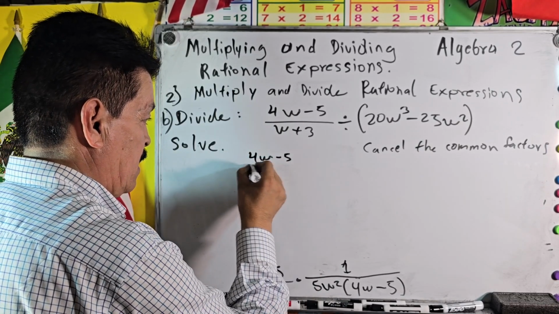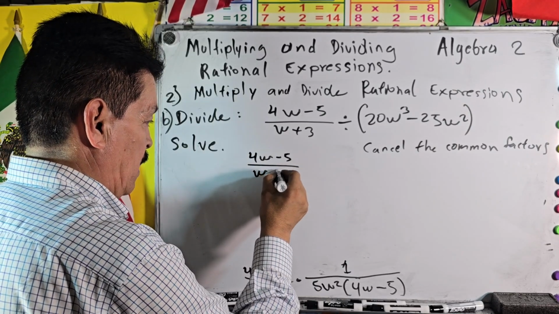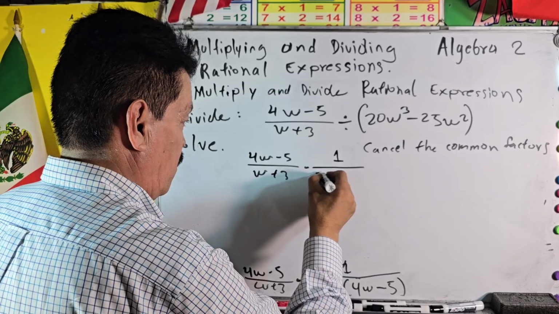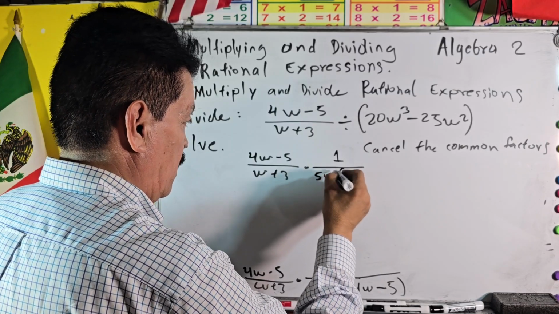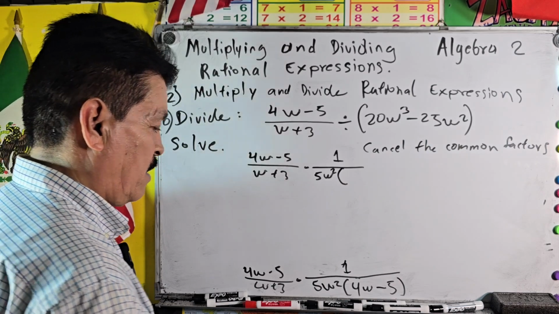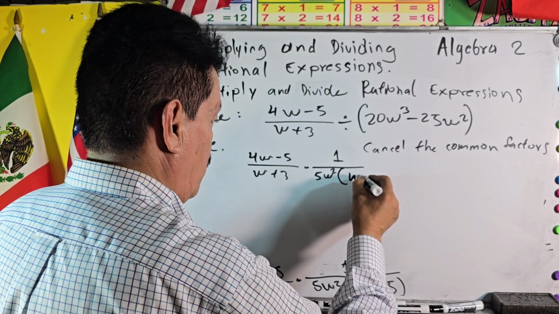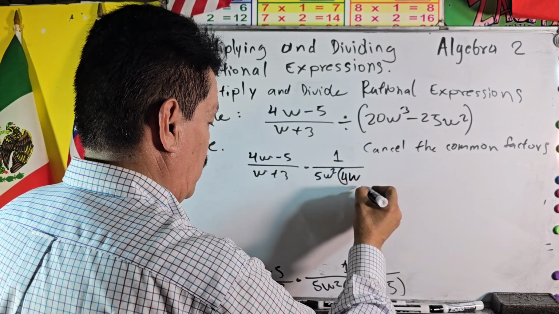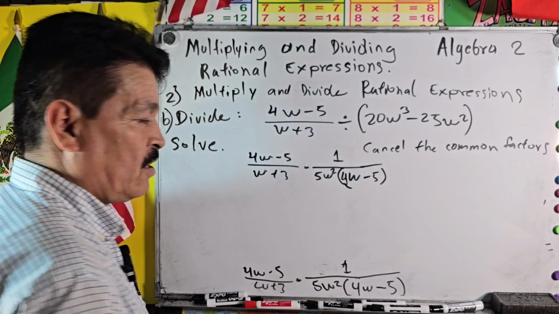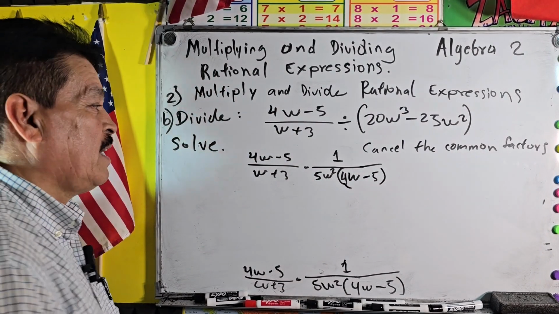4w minus 5 over w plus 3 times 1 over 5w squared times 4w minus 5. See, cancel the common factors. What are the common factors?